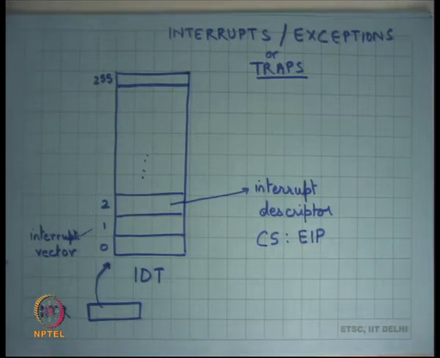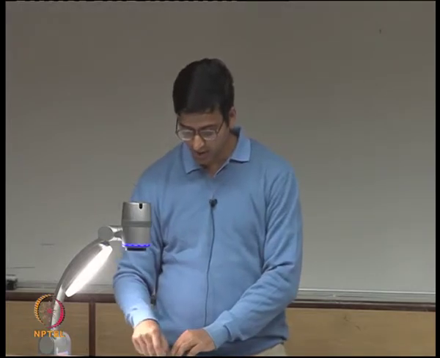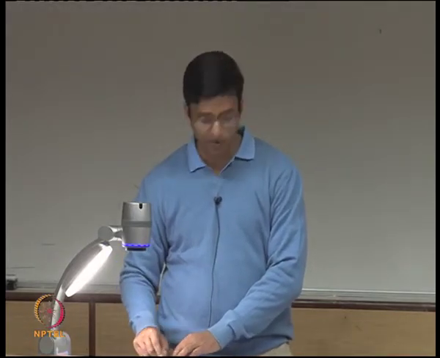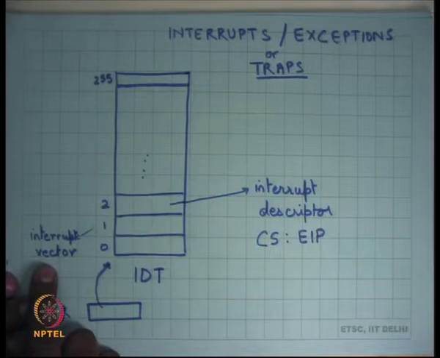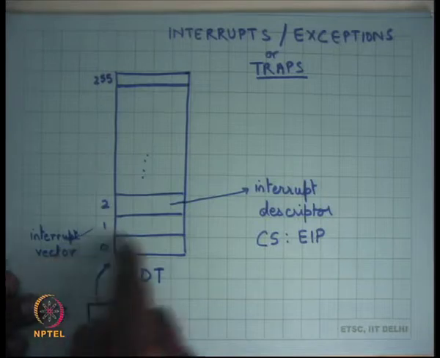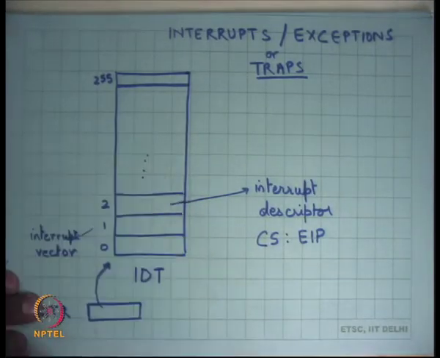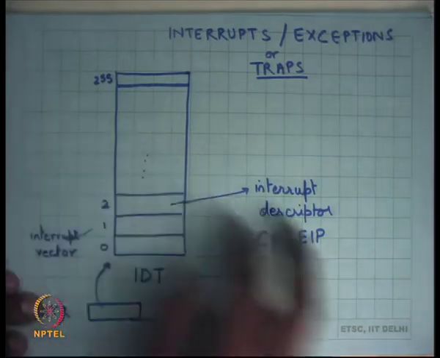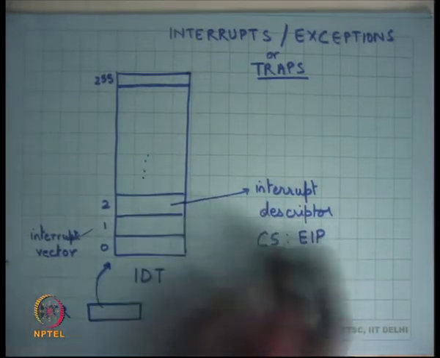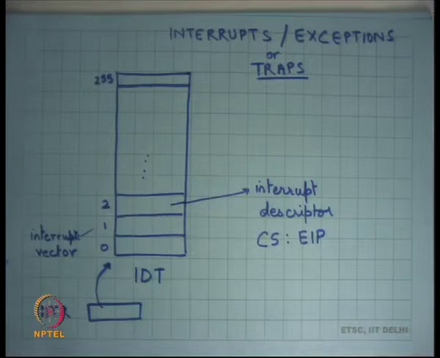The condition could be an external device asserting something, or it could be internal. In either case, there will be a number associated with that condition, and that number is called the interrupt vector. The interrupt vector will determine which entry in this IDT should be dereferenced, and that entry is going to be used to find the program counter of the handler, right?